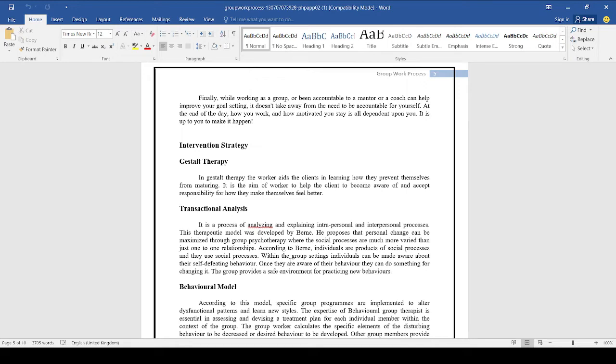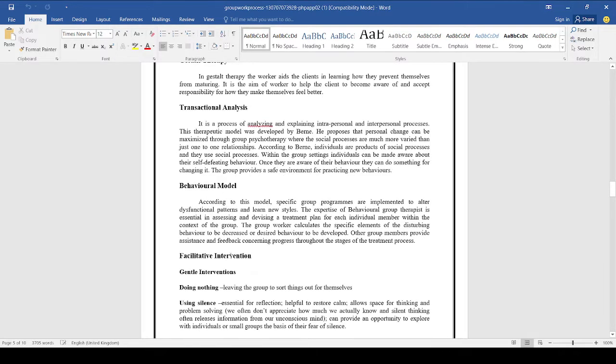And another model is the behavioral model. According to this model, the group programs are implemented to alter the dysfunctional behavior of individual members and learn a new style. The expertise of behavioral group therapists is essential in assessing and devising a treatment plan for each individual member within the context of the group.